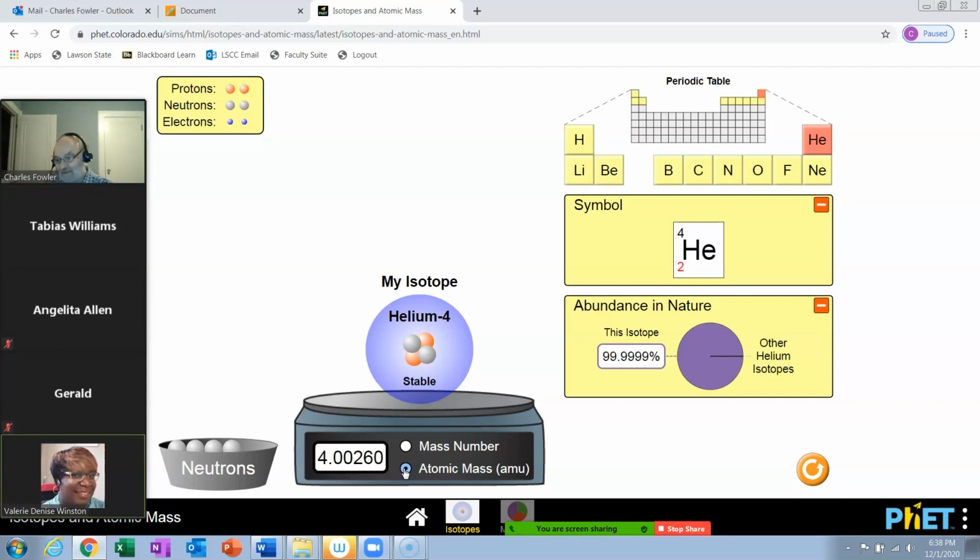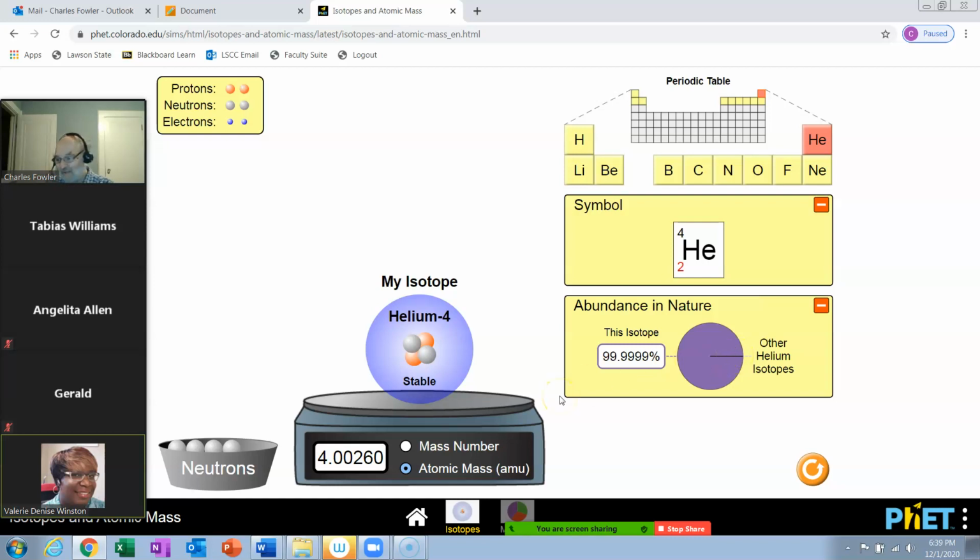Got it. Symbol? 4,2He. Got it. Okay. And abundance in nature? 99.999 percent. Be sure you put percents with it. Other helium isotopes? Negligible.